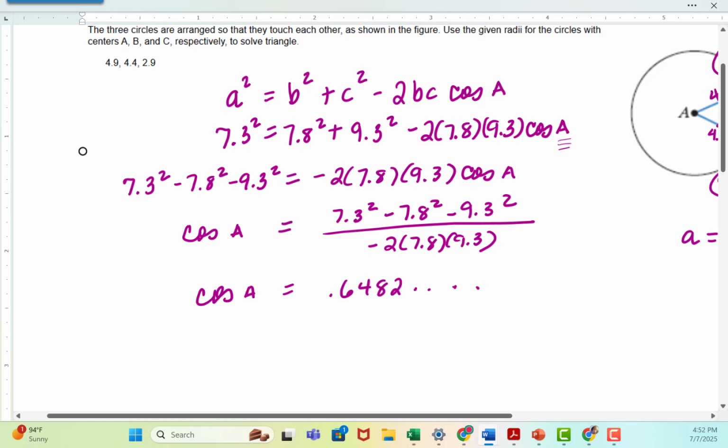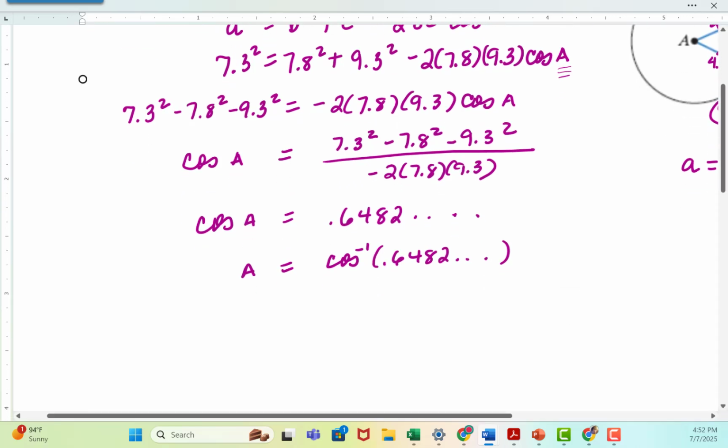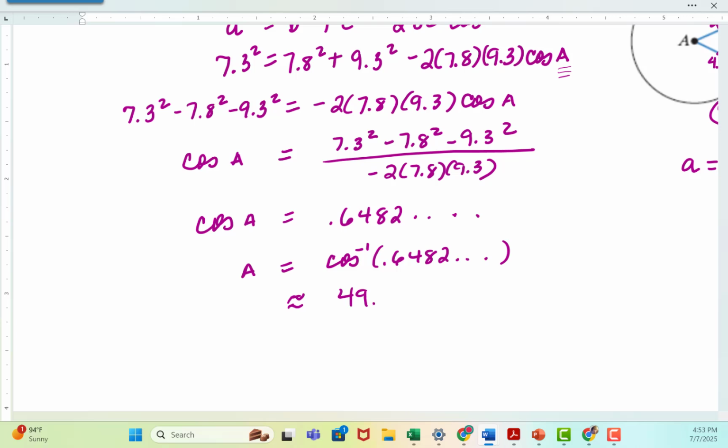And so if we use cosine inverse, we can get angle A. Then we're going to do cosine inverse of that, and I get 49.59 degrees.